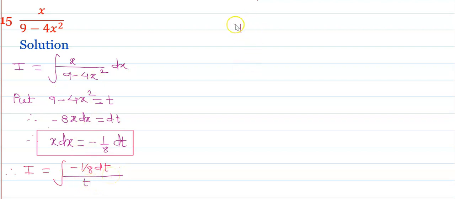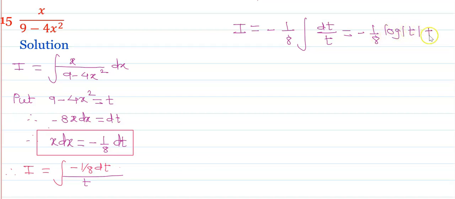Therefore, I is equal to minus 1 upon 8 integral dt upon t, and that's equal to minus 1 upon 8 log of mod of t plus c, and therefore I is equal to minus 1 upon 8 log of mod of, what is t?